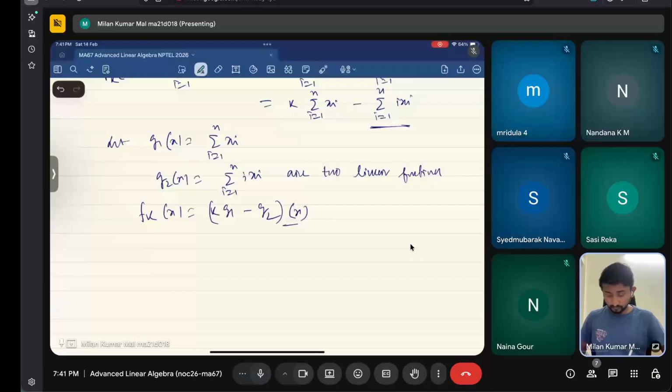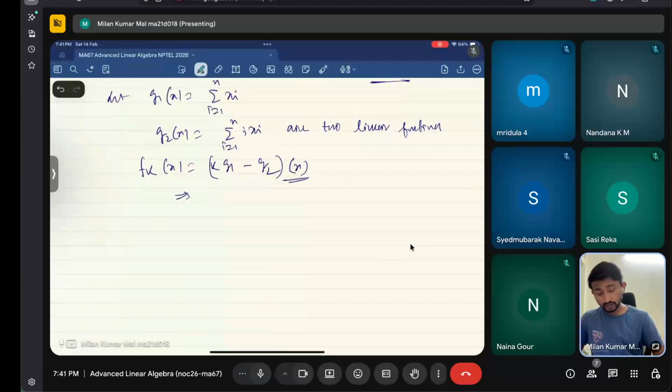So now that is what I am getting: k g1(x) equals g2(x) for all k equals 1 to n, right?